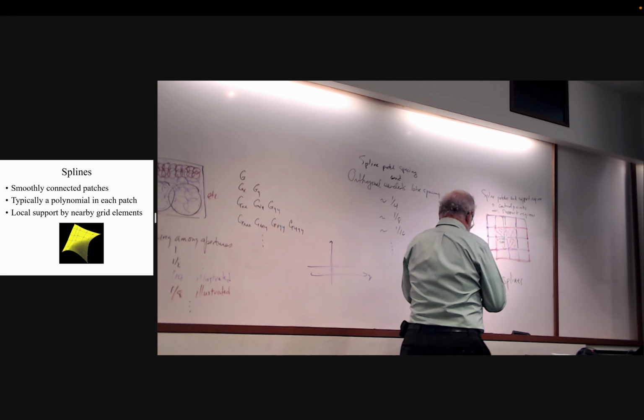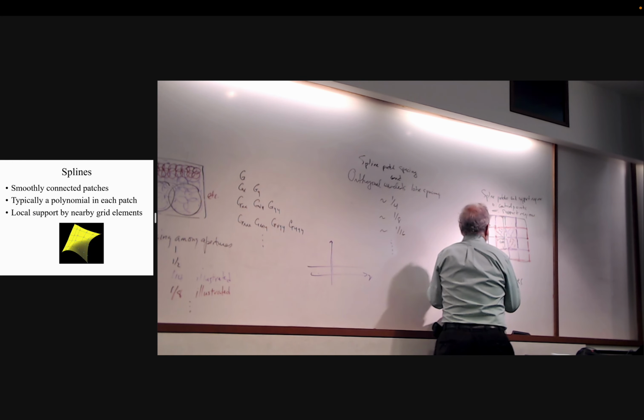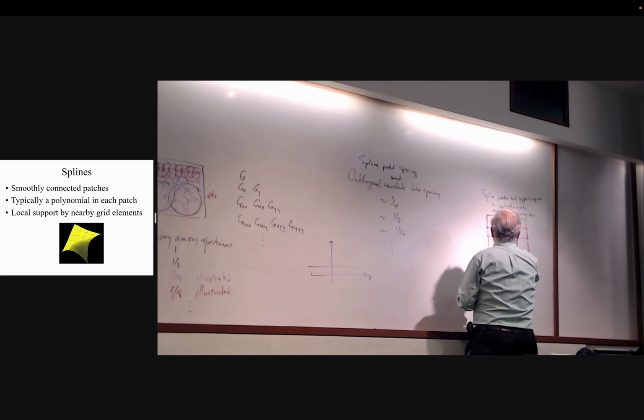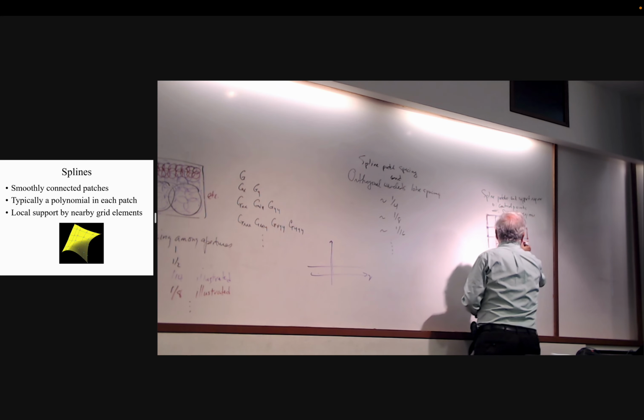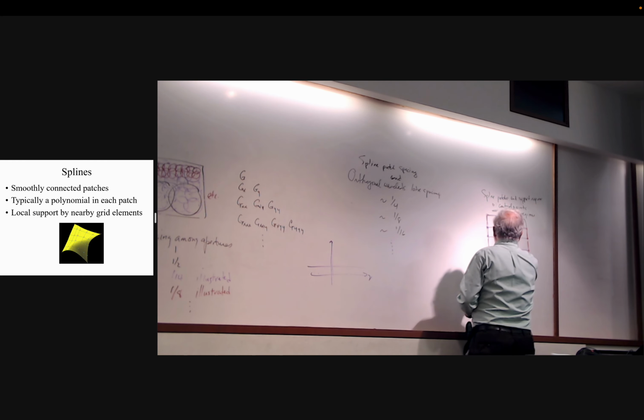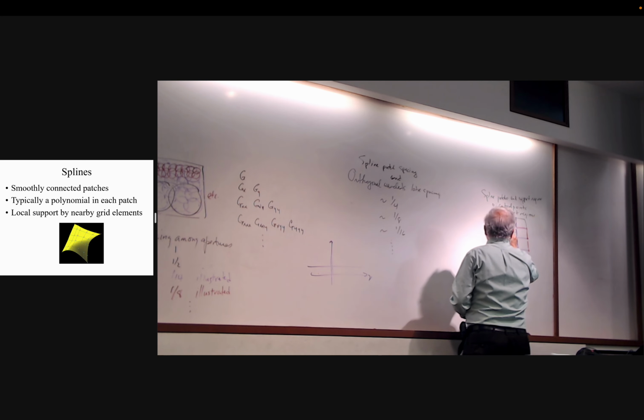Okay, so let's talk about what one of those would look like. So we're going to have patches that are this size. And the control points that are used for, say, this patch here are going to be ones at here, here, here, here, here, here, here.